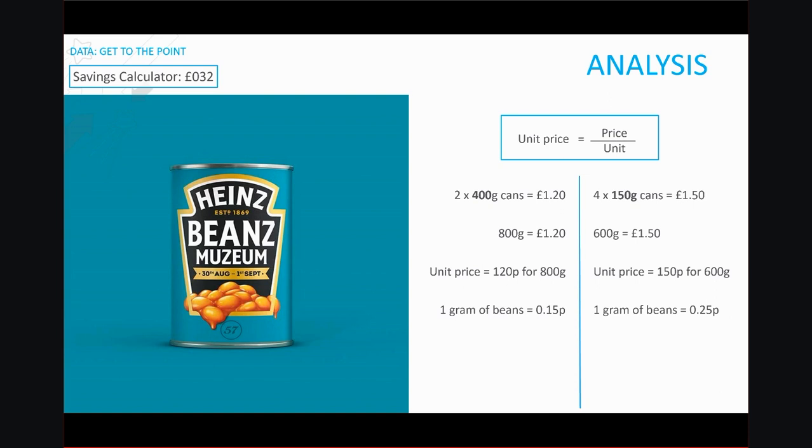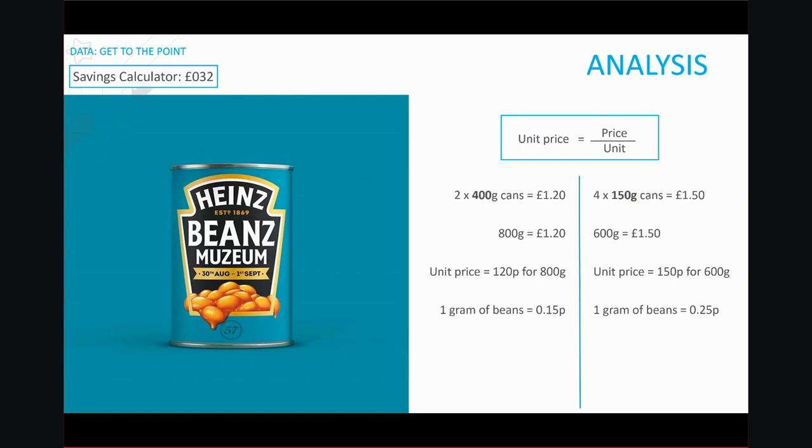So this means that if we choose to buy the smaller tins, Kevin would be paying more for 1 gram of beans than compared to what he's purchasing at the moment. So if we look at the outcomes, the 1 gram of beans for 0.25 pence is more expensive than the 1 gram of beans for 0.15 pence.